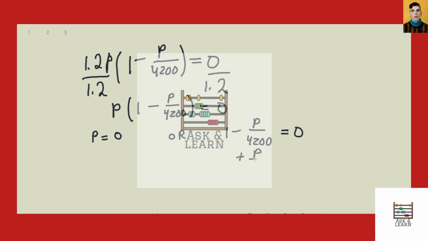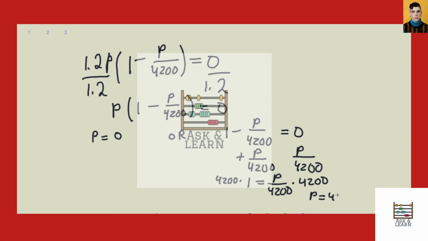And we'll keep isolating the p. And multiplying both sides by 4,200, we get that the p is 4,200, or 0.